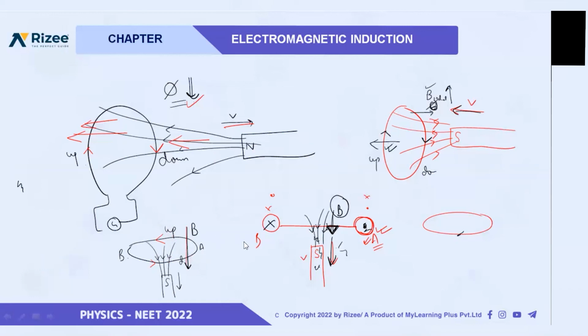At point A, current is coming outward, and at B, current is going downward. I have shown this section in the figure. So in A it is a dot, and in B it will be a cross. You can relate it.